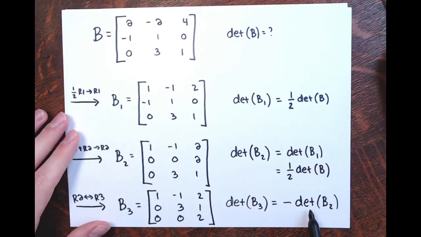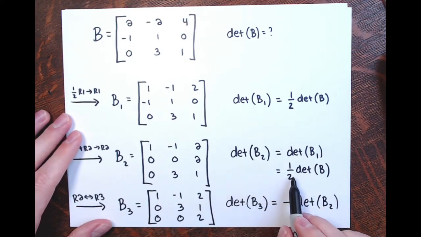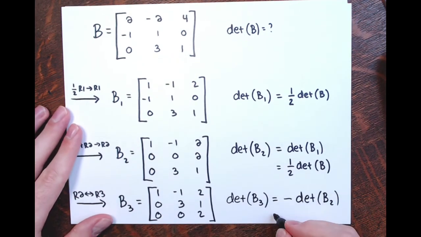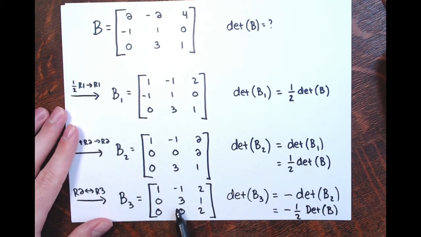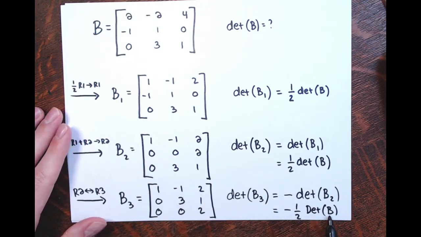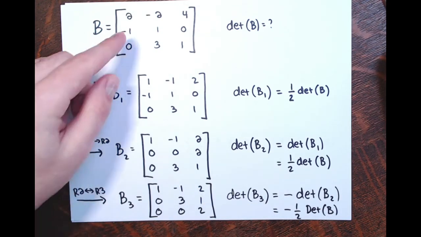And we said the determinant from the previous step is half the determinant we want. So this is negative, and then half of the determinant of B. So the determinant of this final matrix is negative half times the determinant that we want, the determinant of the original matrix.